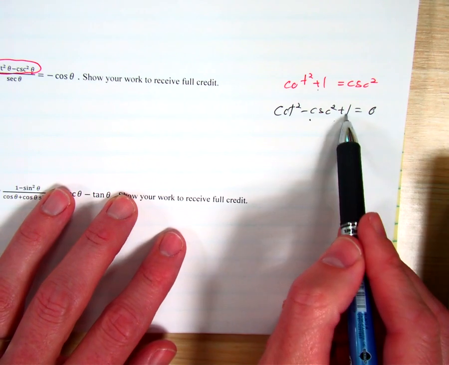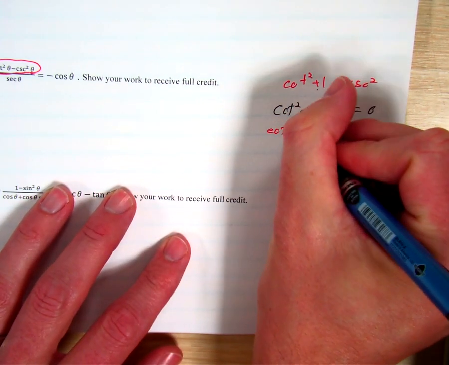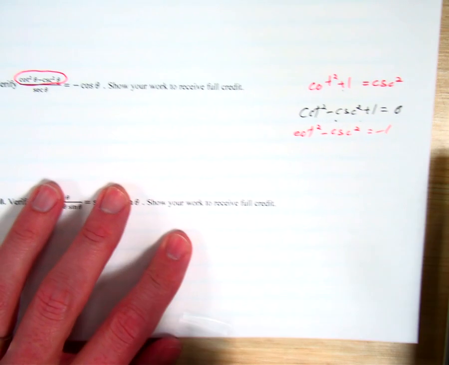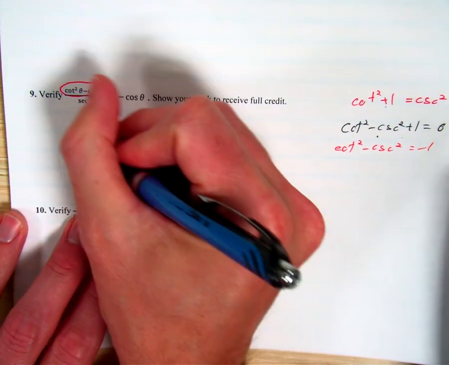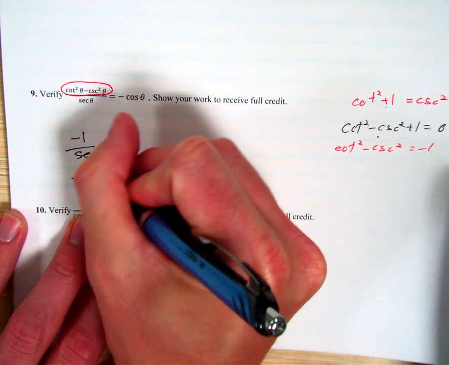And if I subtract that 1 over, we got negative 1. So cotangent squared minus cosecant squared is negative 1. And negative 1 over secant would be negative cosine.